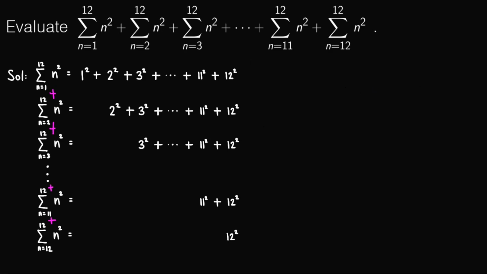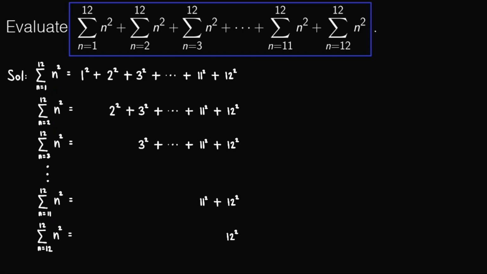That means we can express these summations out here as 1 times 1 squared, since we add 1 squared once, 2 times 2 squared, 3 times 3 squared, and so on, plus 11 times 11 squared, plus 12 times 12 squared.